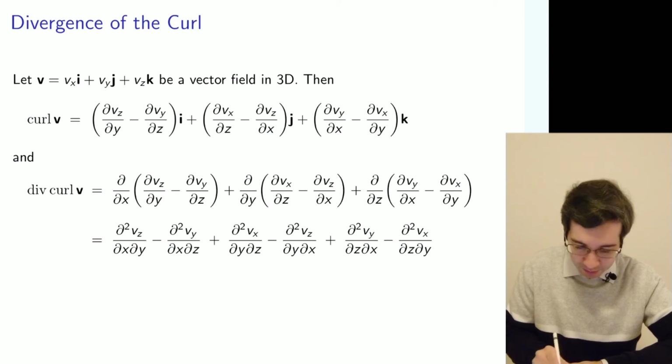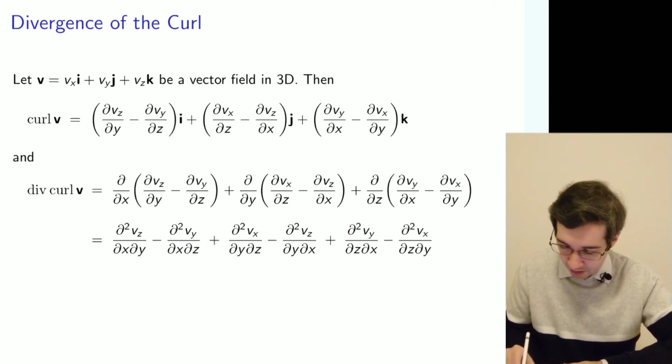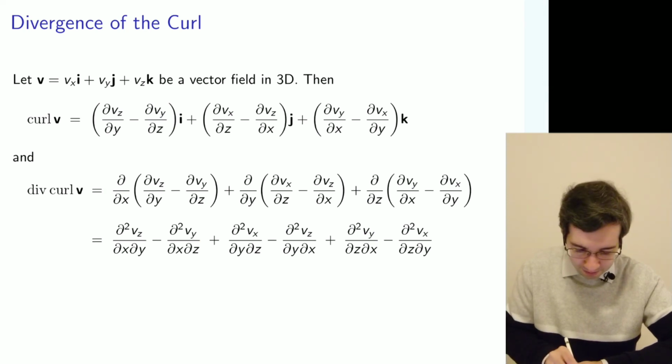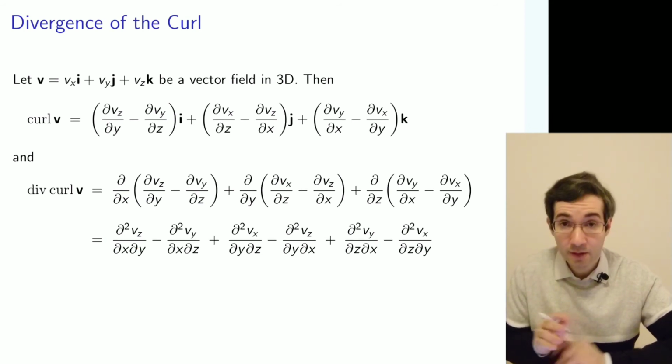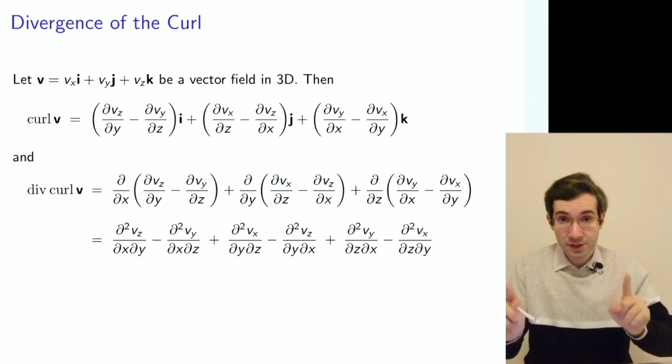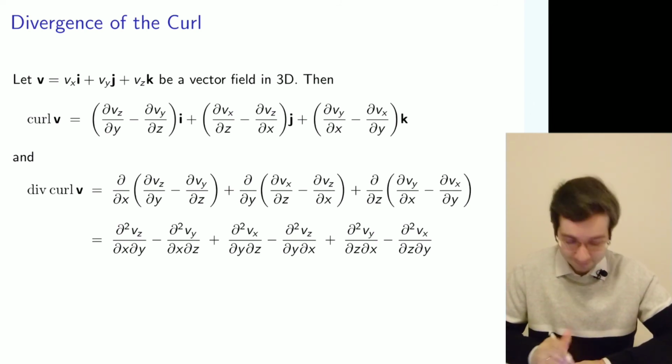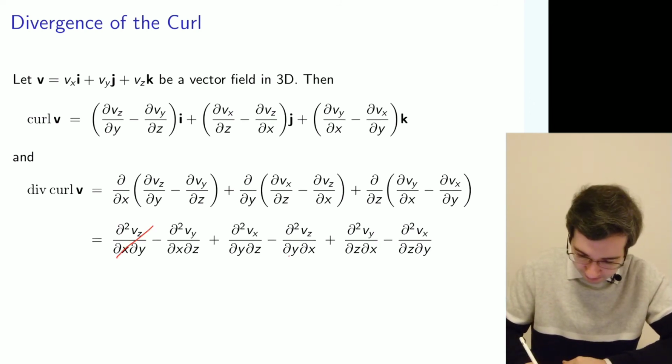Again, you have second order partial derivatives, and you can see that we have z here and z here, which are the same. The only difference is the order of differentiation, which is irrelevant. So we can cancel that out.